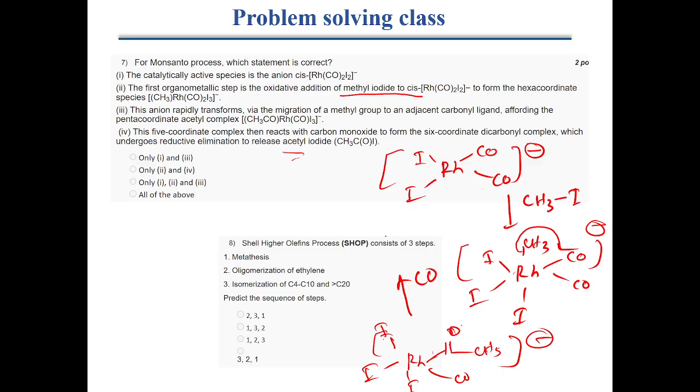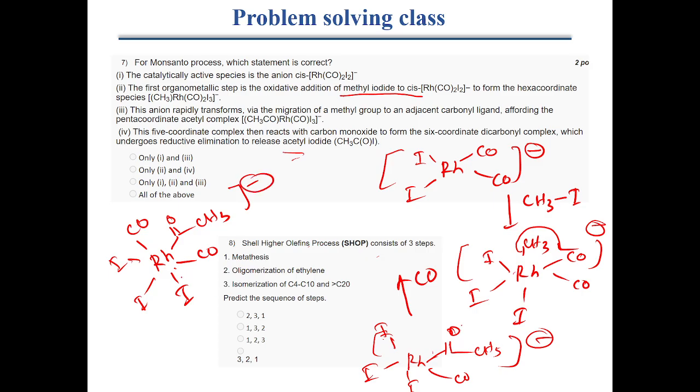carbon monoxide will react and form the hexacoordinated compound, CH3CO Rh I3 CO. So carbon monoxide will react and form this hexacoordinated compound.